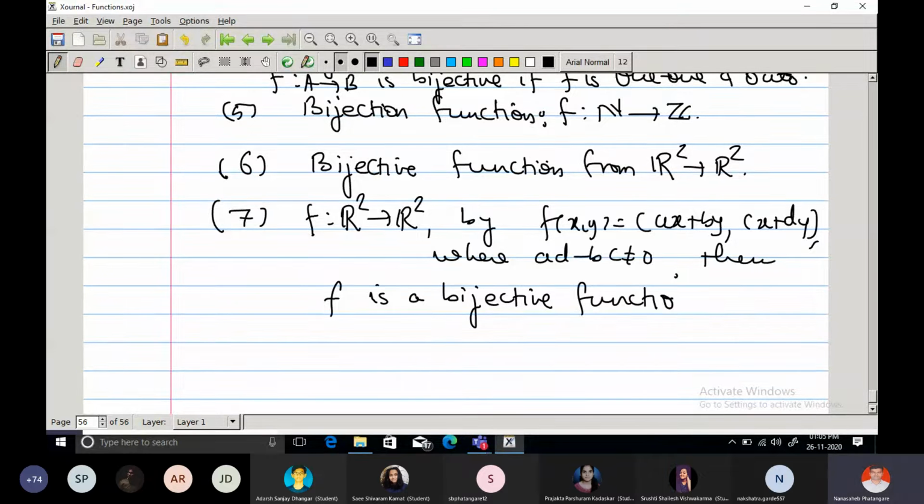We discussed this in detail, right? If you remember, we already discussed this. There is a bijective function from R2 to R2.